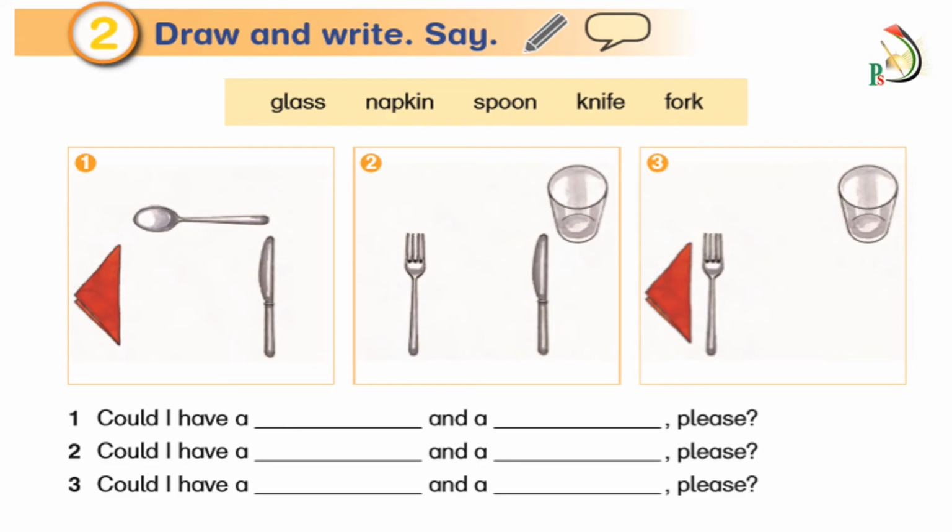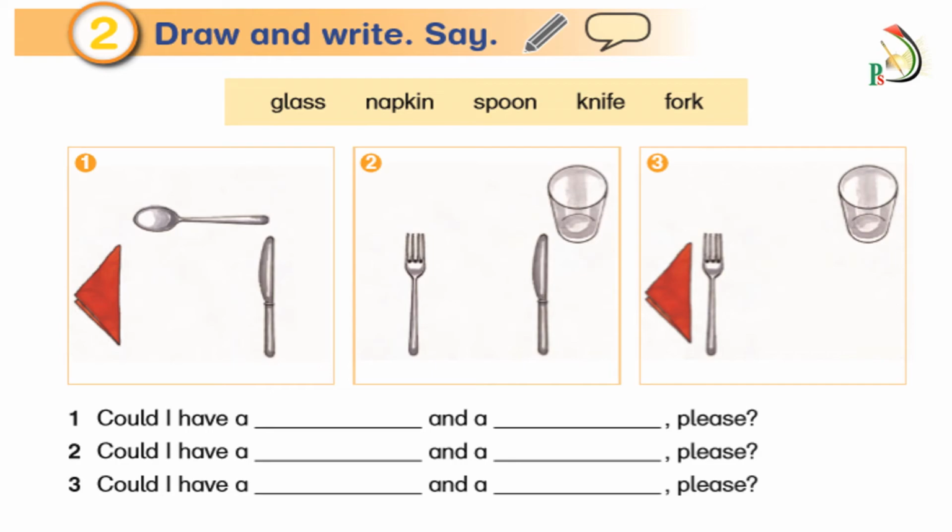Now let's complete question number 1. Prepare your pencil. And as I told you, the missing things on table number 1 are the fork and the glass, right? So let's complete here this question. Number 1, could I have a glass and a fork, please?